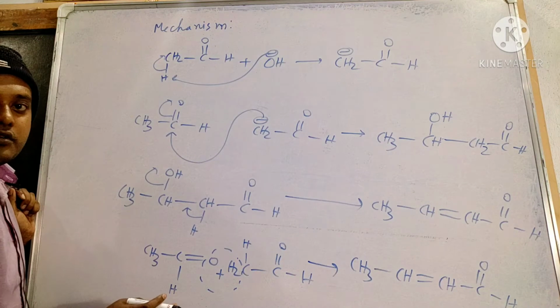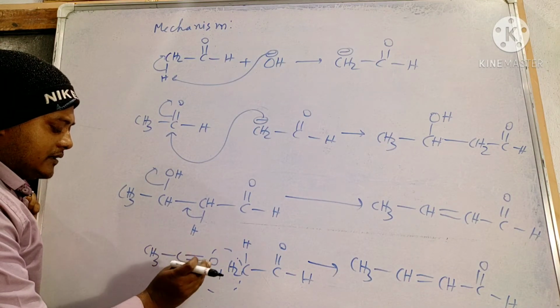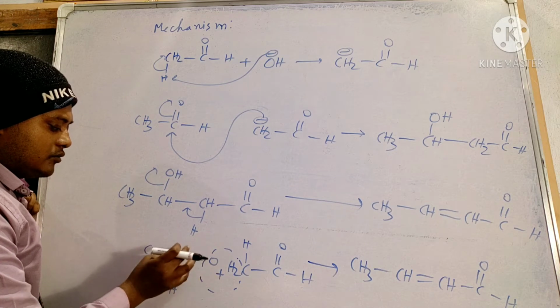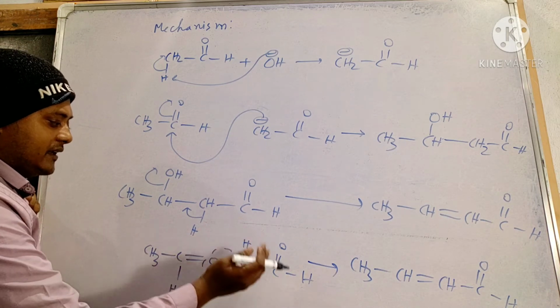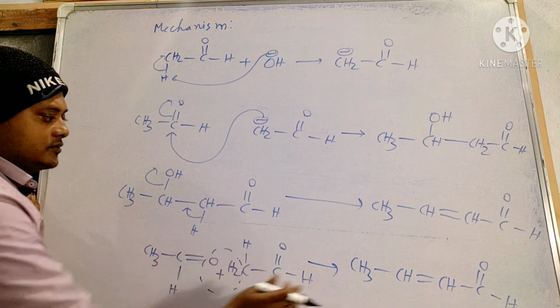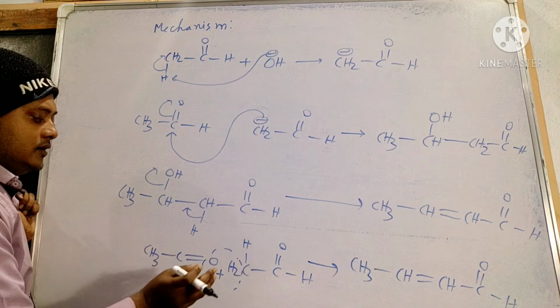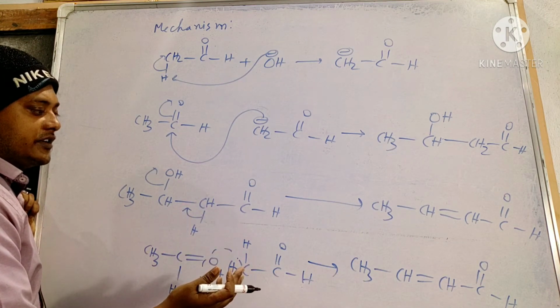That is the shortcut of aldol condensation. You have to take the oxygen of one aldehyde molecule and the alpha hydrogen of another one, and they are removed as water. So that is the final product. That is the shortcut, how to get the aldol condensation product.